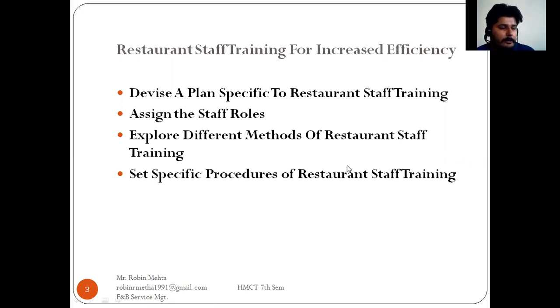Some things which we were serving in previous years are not served like that now, okay. So lots of changes are coming in the industry and in the world. So we need to train our staff according to that, okay. So that's why we just go with the flow, okay.